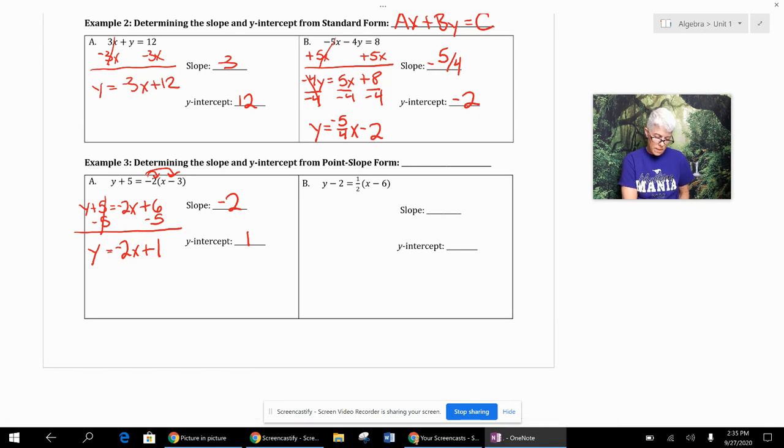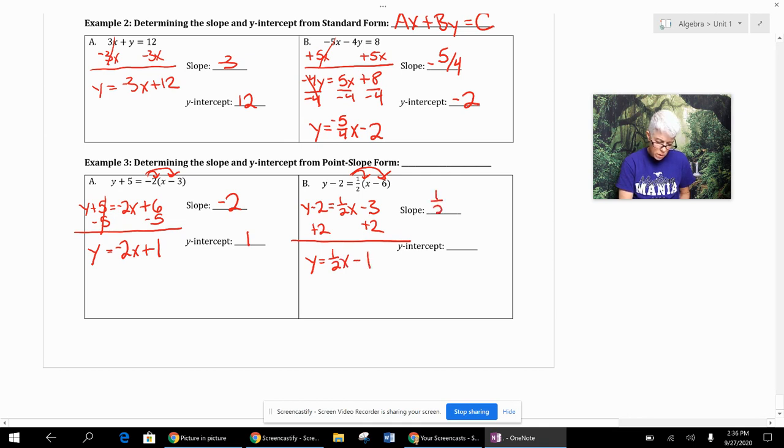Let's do another one. Again, you can see that to move things around, the first thing I need to do is distribute. So I have y minus 2 equals 1/2 x. 1/2 times a negative 6 is a negative 3. I'll move that 2 over. y equals 1/2 x minus 1.